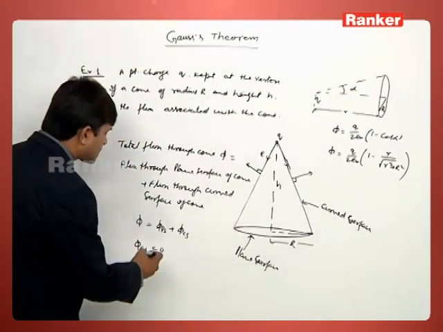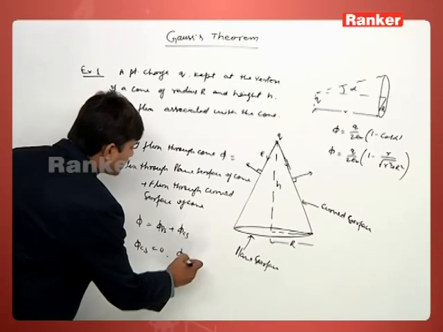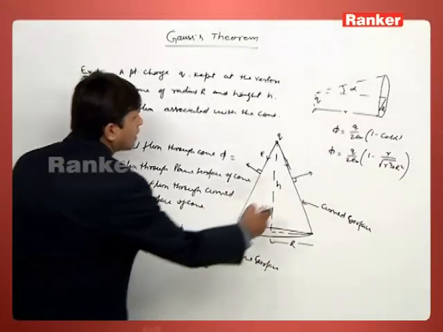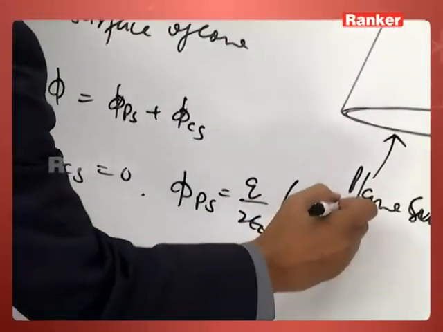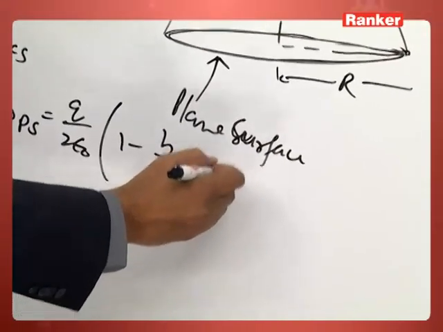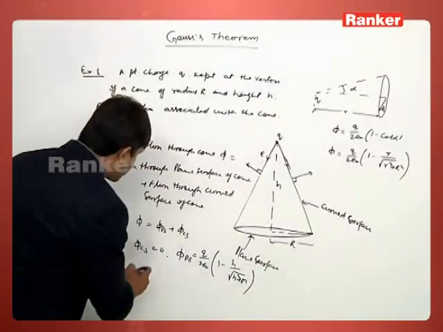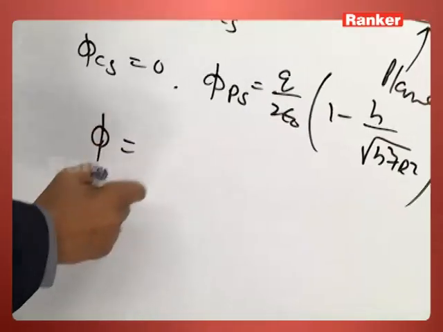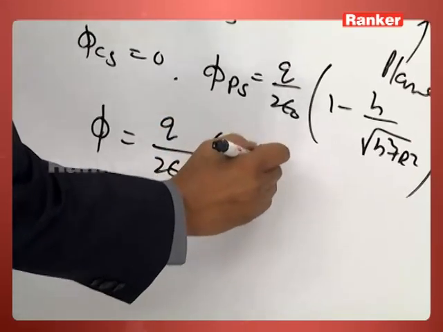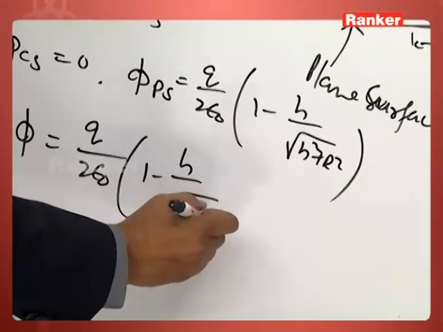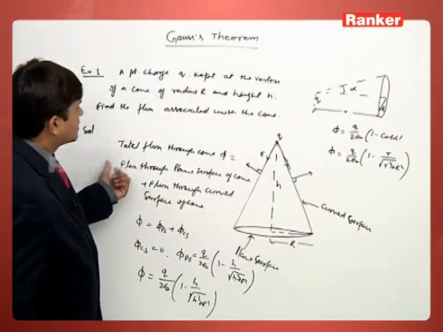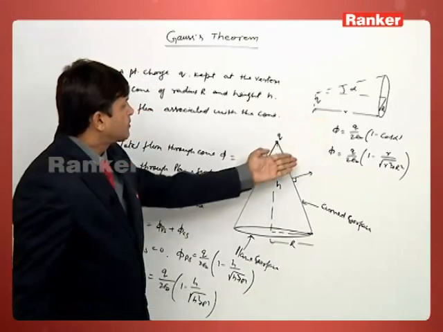So the flux through the plane surface is q by 2 epsilon naught times 1 minus h by root of h square plus r square. So the total flux phi is equal to q by 2 epsilon naught times 1 minus h by root of h square plus r square. This is one of the applications of this type of result.